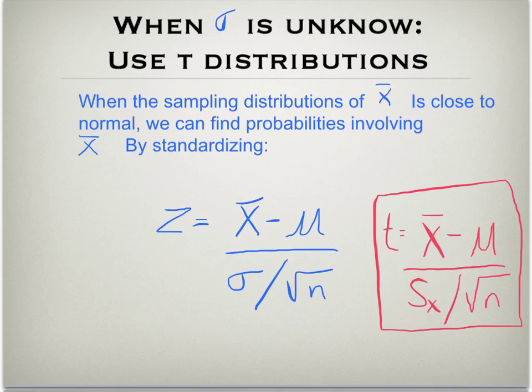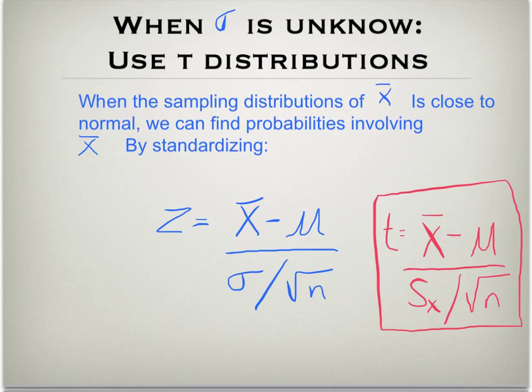Now, if we have to use the sample standard deviation, we'll show a much greater spread, and the statistic t equals the sample mean minus the population mean divided by the standard deviation of our sample divided by the square root of our sample size. It's called a t-distribution.